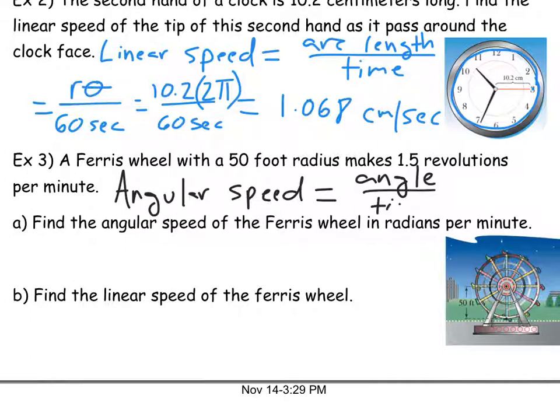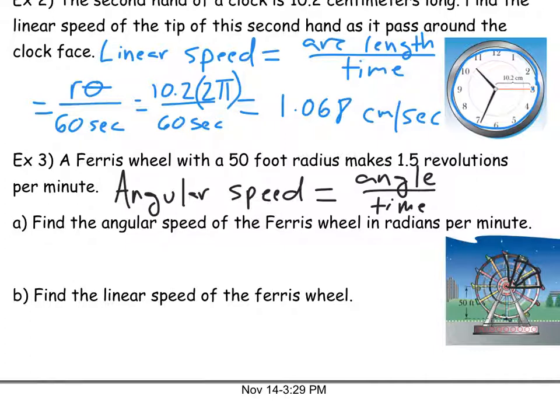So if you think about this Ferris wheel and you're starting in this initial position, as you keep moving, the angle you form with the center just keeps changing. Angular speed is how fast, in terms of radians per second or degrees per second, that angle is changing.